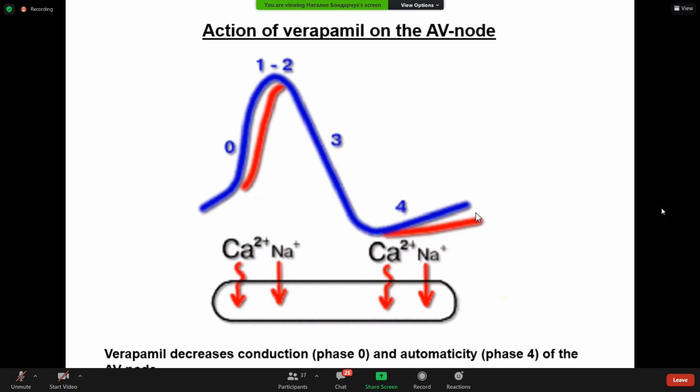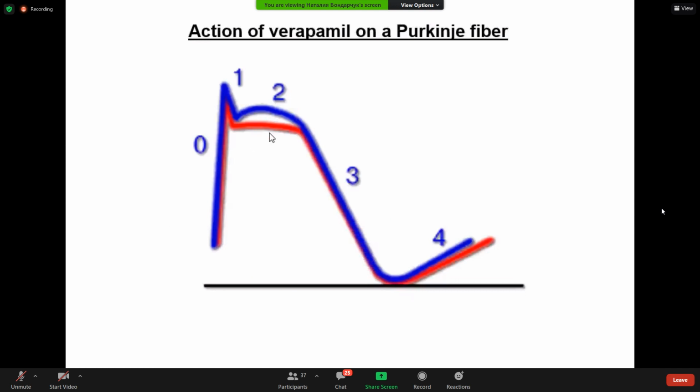So the antiarrhythmic action of verapamil on the AV node is the decreased conduction and automaticity of the AV node. And again, I will remind you that verapamil can inhibit only calcium channels. That's why in the Purkinje fibers, it can cause only prolongation of the second phase, but in general, nothing will be changed in the antiarrhythmic action. That's why verapamil can't be used in the treatment of ventricular arrhythmias.